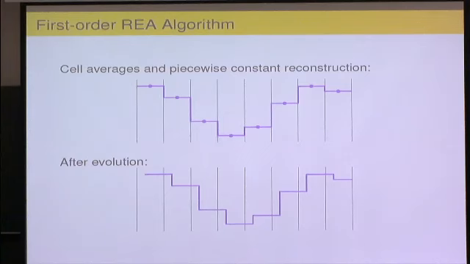So if we were looking at a scalar problem, the scalar advection equation is the simplest hyperbolic equation. Then from the cell averages, which are the dots here, we would reconstruct a piecewise constant function, and then we would solve the advection equation, which if it were just a constant coefficient advection equation, would simply translate the solution a little bit to the right, say, if the velocity were positive, and then we would average the solution on each of these grid cells to get the new cell averages.